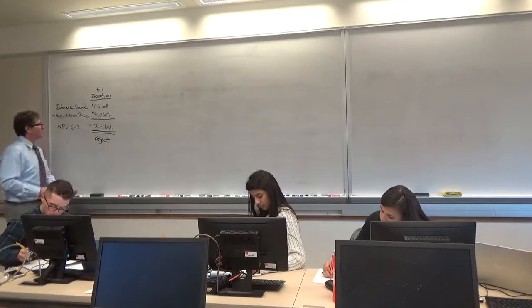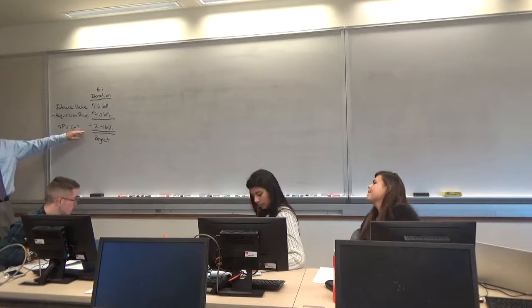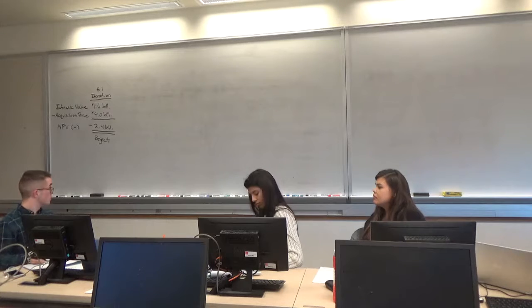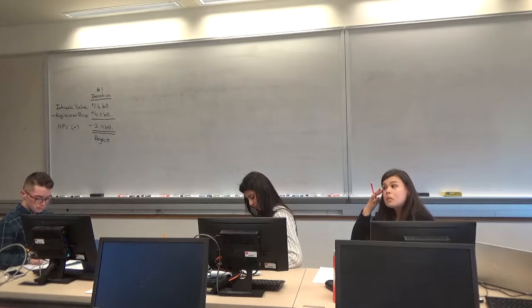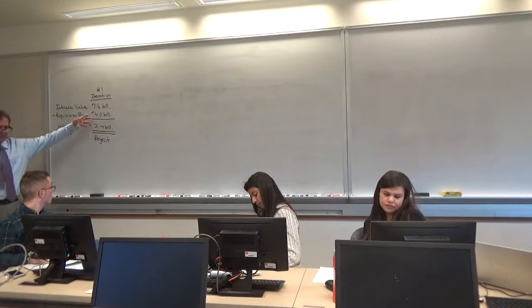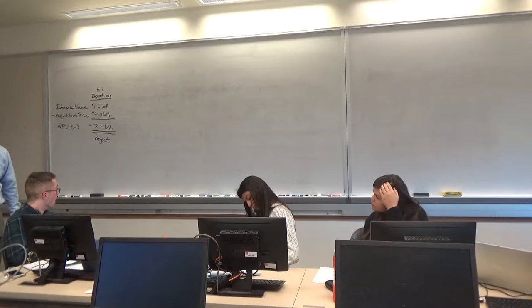Now, having such a large negative net present value probably means that either we messed up in the calculations, or there's something else that's not being factored into the valuation. Because where did they come up with the 4 billion? They must have used some kind of model to come up with that. So we're probably missing something.